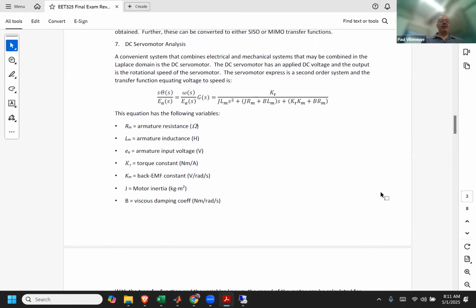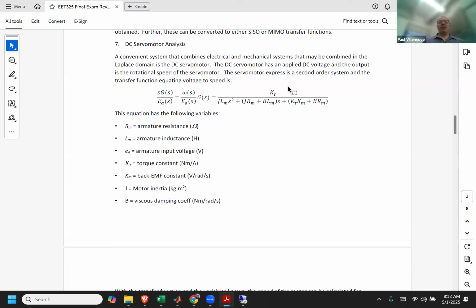And then we had a mechanical example, where we figured out how to translate between the electrical world and the mechanical world. We have a transfer function of omega S, which is rotational speed, divided by input voltage. So you apply an input voltage, which electrical engineers are fine with, and we get a corresponding speed out.